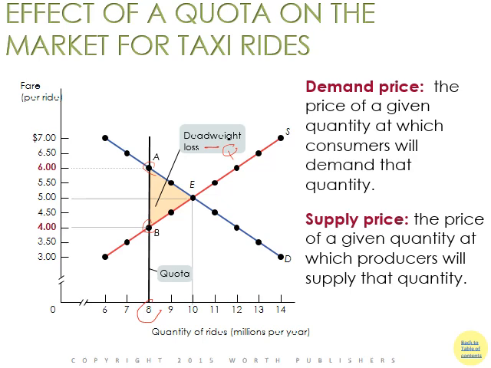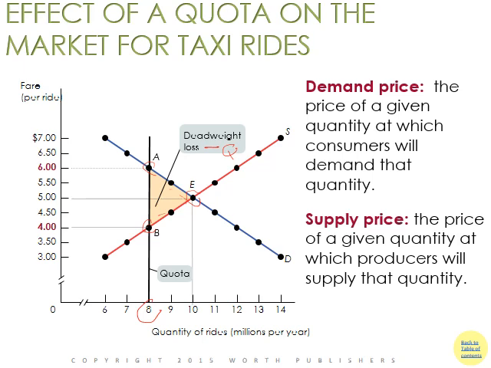If there wasn't this quota or licensing arrangement, there would be more taxi cab service until those prices were exactly the same. So in terms of total surplus, the quota is going to reduce consumer plus producer surplus, provide a much higher price that buyers have to pay, and increase the profitability of the cab company.